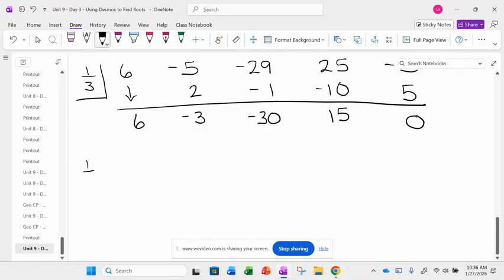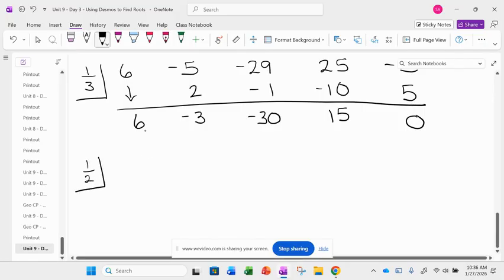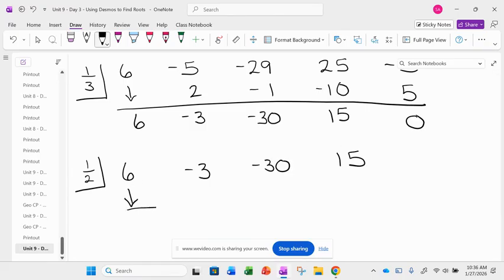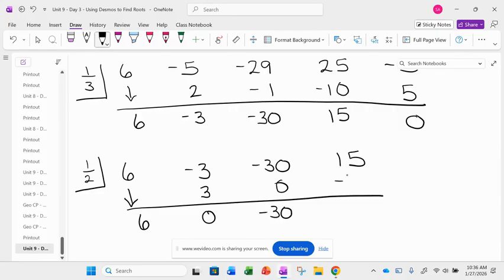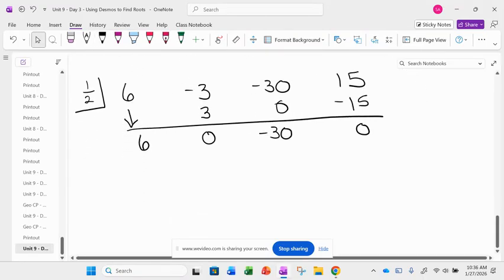Now we're going to use the half and our new coefficients. Half of 6 is 3. Half of 0 is 0. Half of -30 is -15. So now that I've used synthetic twice, I was originally at a degree of 4. Now we're at a degree of 2.